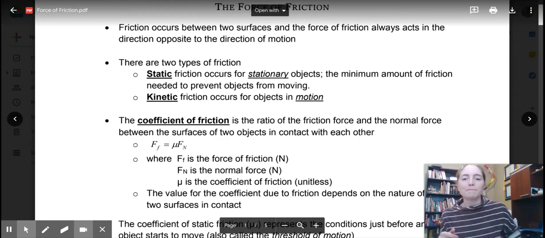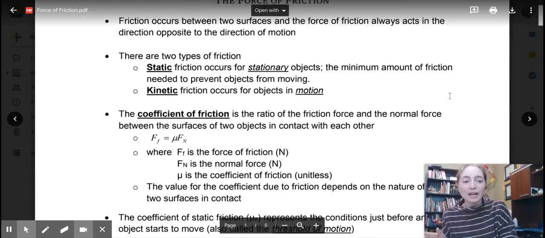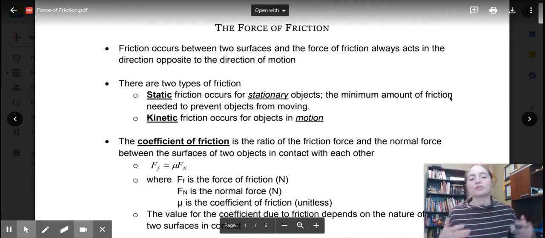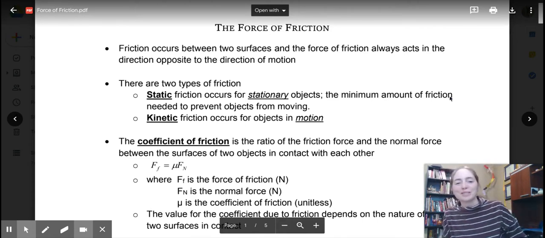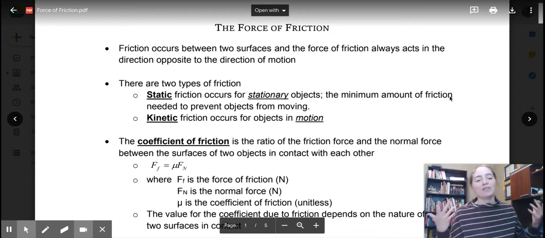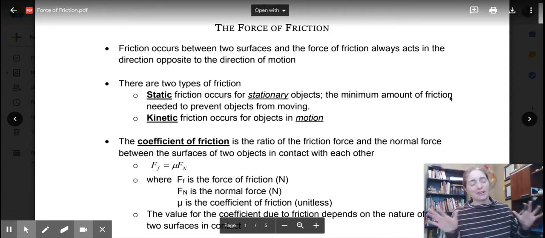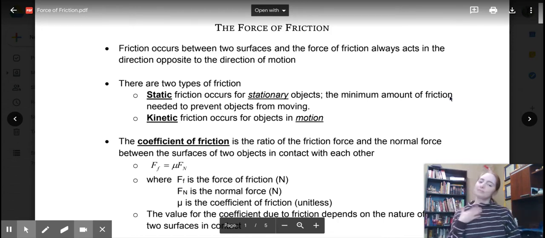Ladies and gentlemen, what we're going to be working on today is our force of friction. Please make sure you have your force of friction notes out, and you should have a couple of awesome memes on your copy. My personal favorite is the two cats on a roof. Which one's going to fall off first? The one with the lowest mu.